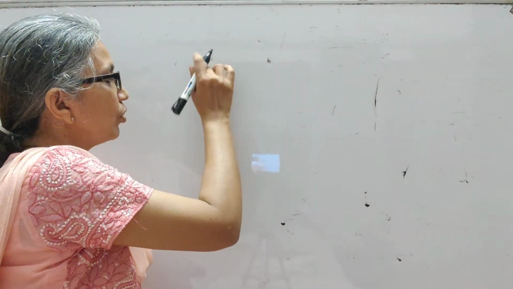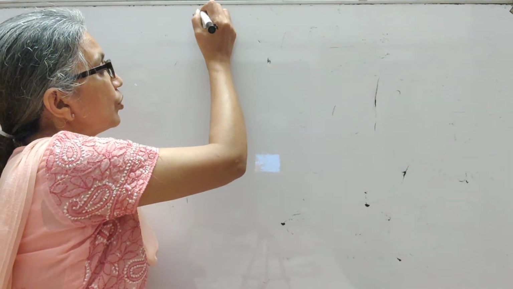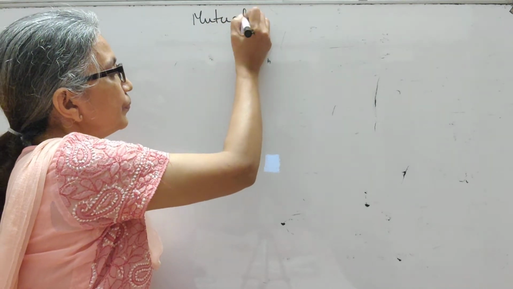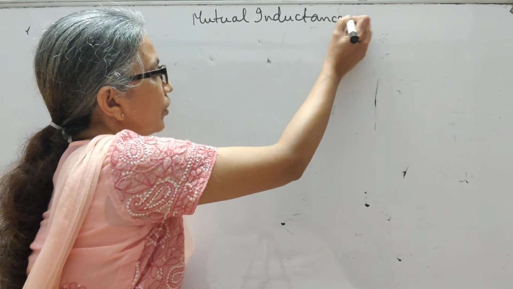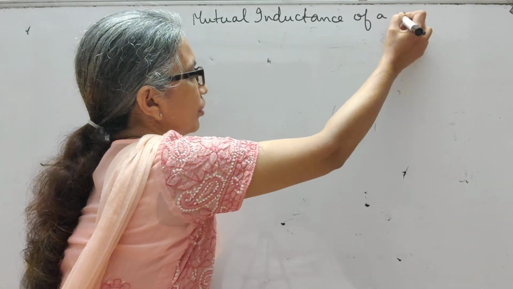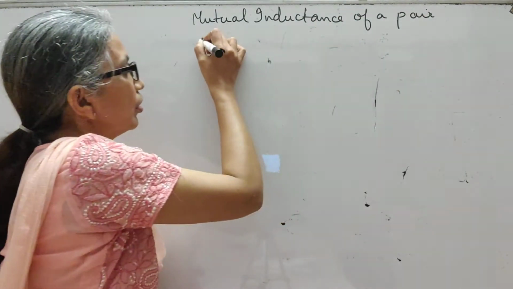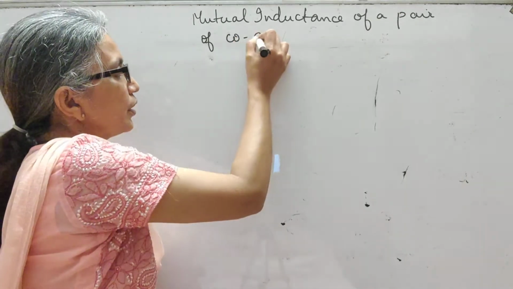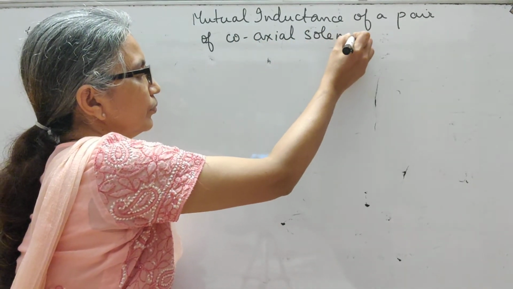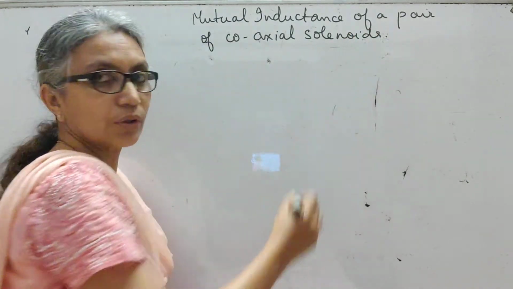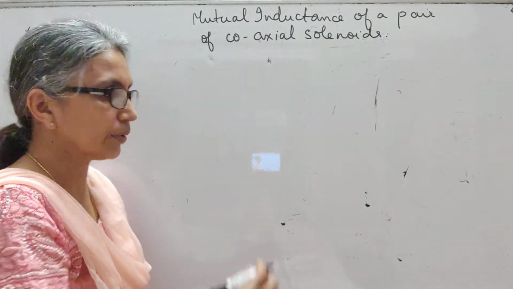So we have two solenoids. Mutual inductance of a pair of coaxial solenoids. Okay, this is one derivation we have in this chapter.